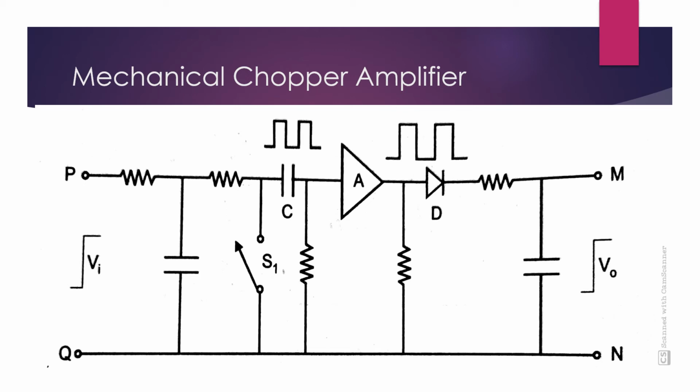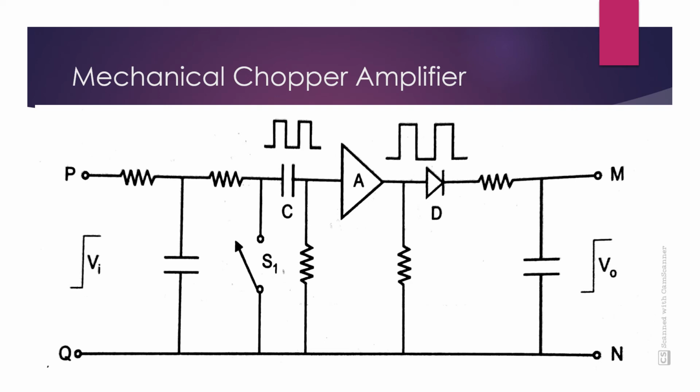It connects alternately the input terminal of the AC amplifier A to the reference terminal Q, which is usually connected to ground. When the amplifier input terminal is connected with Q, it is short circuited and the input voltage becomes 0.